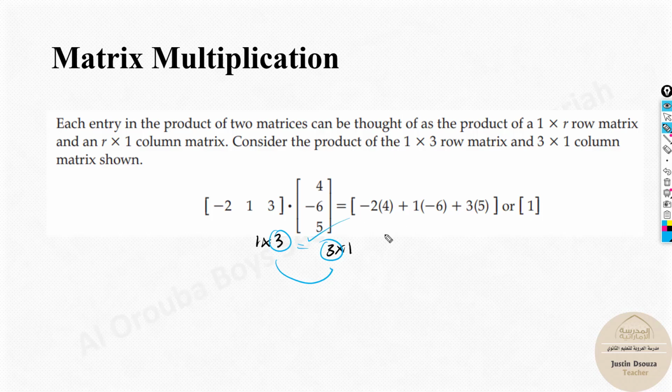Well and good, you can multiply this. Now the outer dimensions tell you the answer of the final matrix which will be formed after multiplication. That will be 1 cross 1, that's 1 row, 1 column. That's it. Now let's look over here. How do we multiply? Now please remember this.